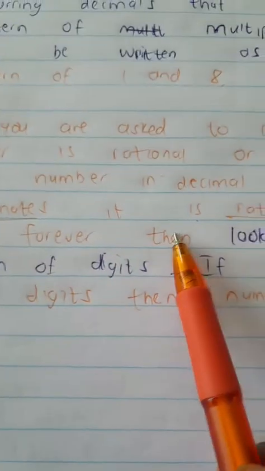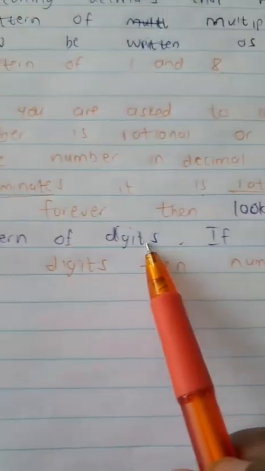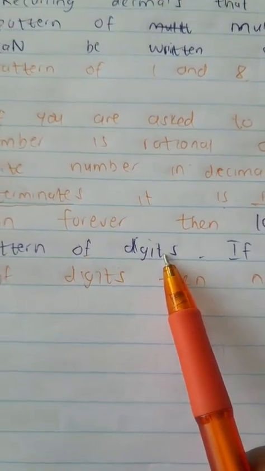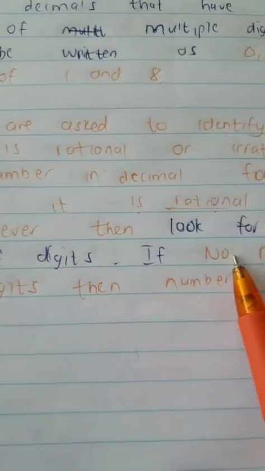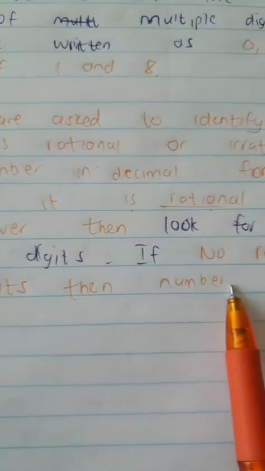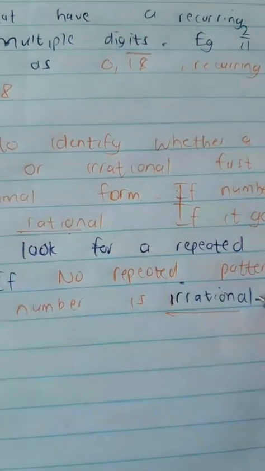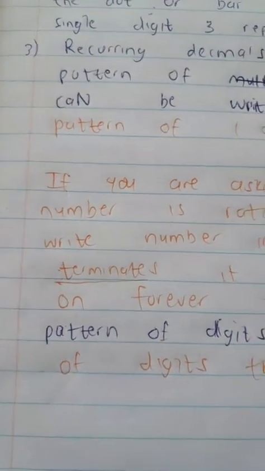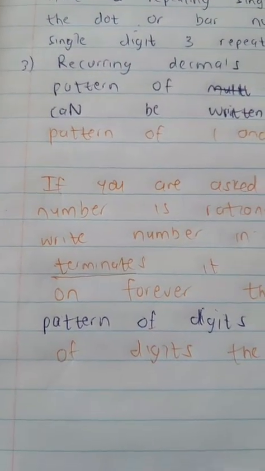If it goes on forever, then look for a repeated pattern of digits, because if there's a repeated pattern of digits, then it's rational. If no repeated pattern of digits is available, then the number is irrational. Those are the things you need to take note of if you want to identify the difference between rational and irrational numbers.